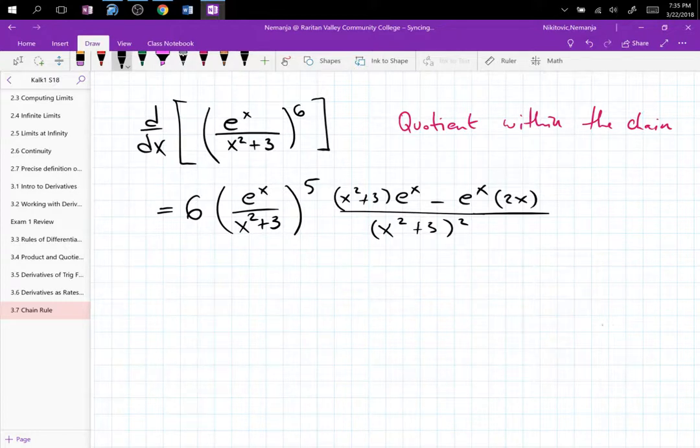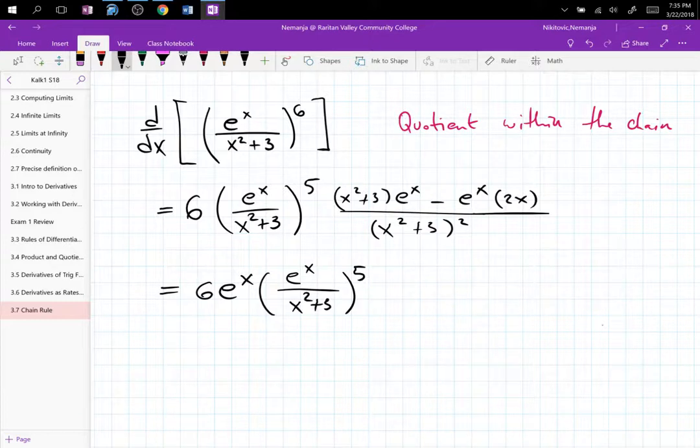Now we can kick e to the x outside, and we get 6 e to the x over x squared plus 3, everything to the 5th power, times, now we kicked e to the x out, we are left with x squared minus 2x plus 3, all divided by x squared plus 3, everything squared.